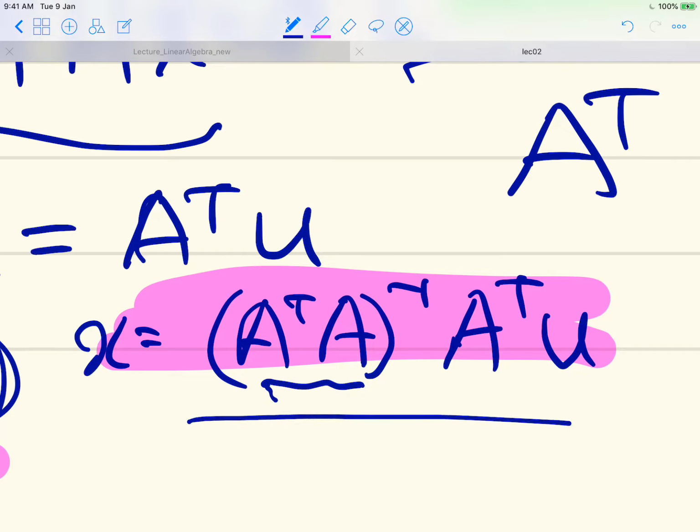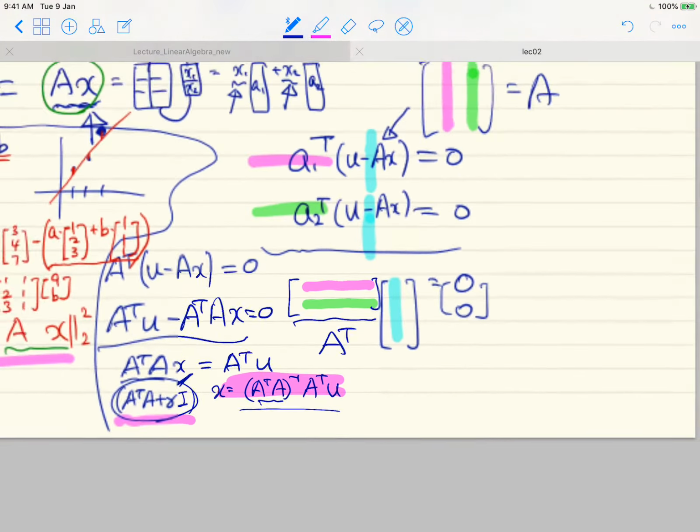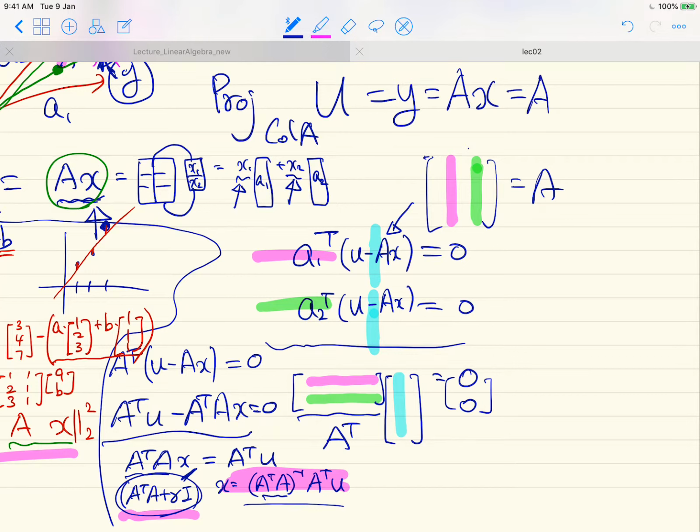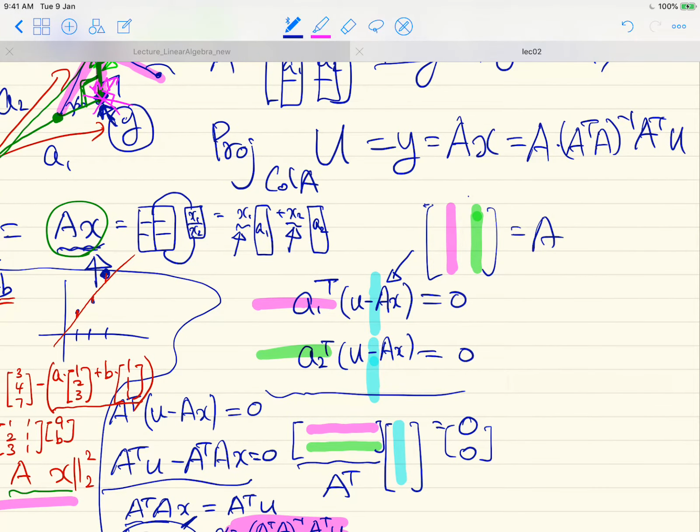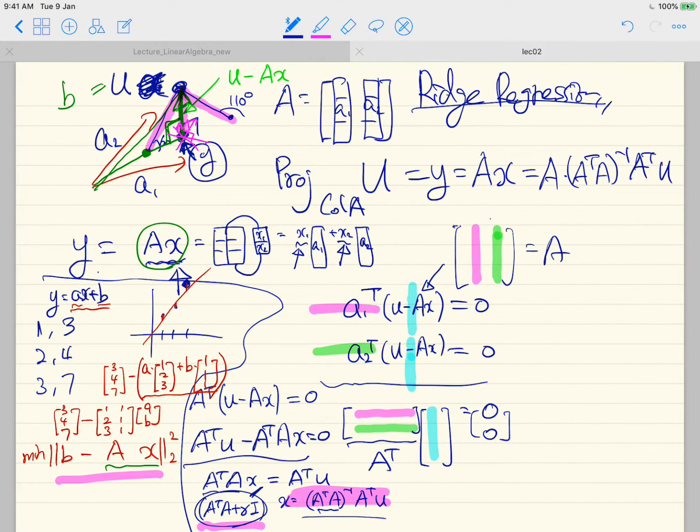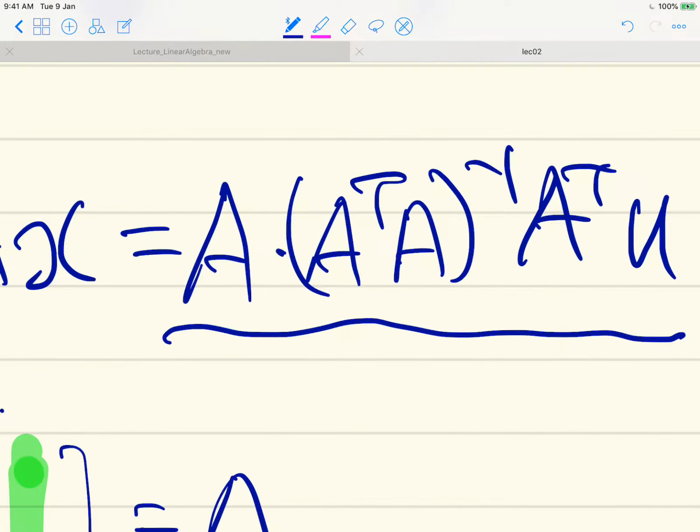So we can plug this into the upper equation, like A times X, where X is this guy, which is A transpose A inverse A transpose U. Okay. So this whole representation shows the formula for orthogonal projection onto the column space of A, given a matrix A.